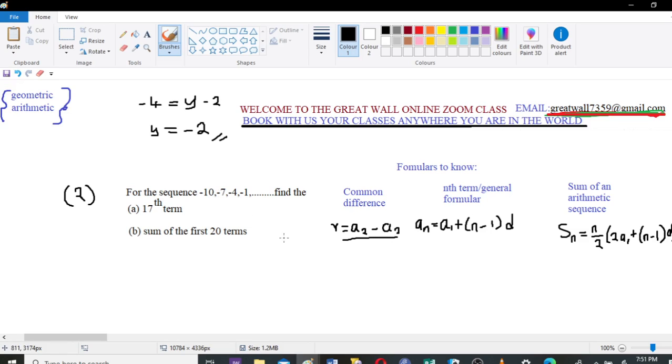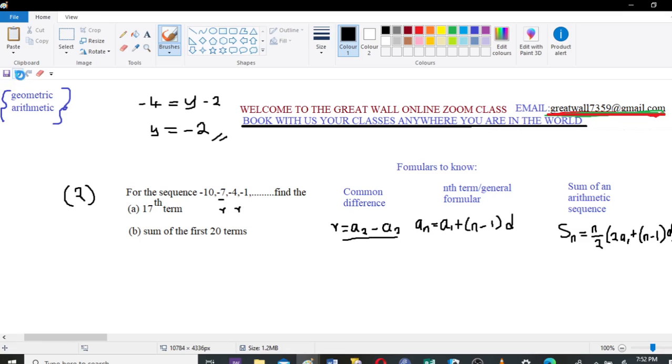What I mean is this: if we subtract -10 from -7, we get that number which we call R, the common difference. We also subtract -4 from -1, we still get the same value R, the common difference.